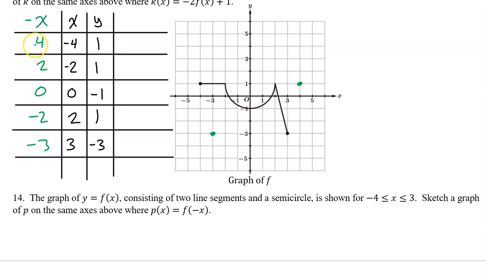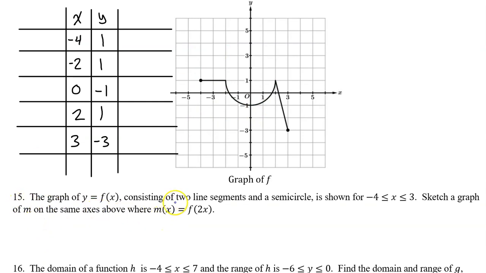So we would get 4, 1, which is what we saw right here, and we would have 2, 1, which would be right here, 0, -1, which is still right here, -2, 1 would be right here, and -3, -3, and that's what we have right here. So P of x would look like this.